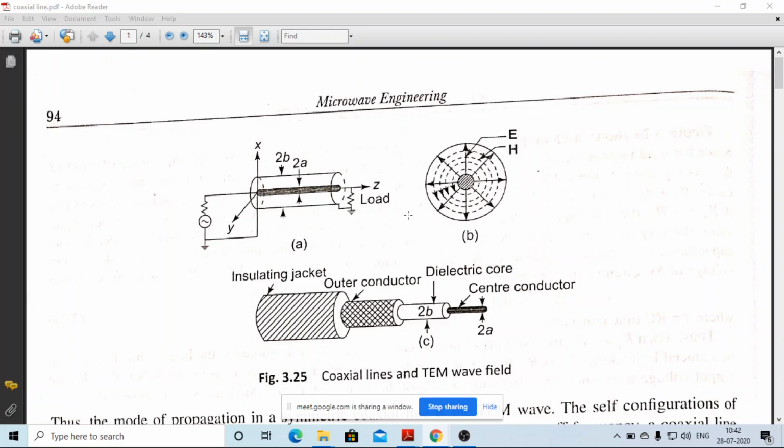The second diagram, B, shows the electric field and magnetic field. Actually, this is the cross sectional area of the core of your coaxial cable, and the third is the construction of your coaxial cable.